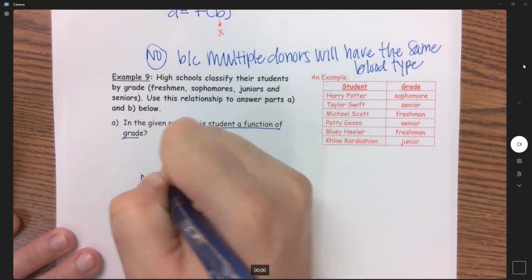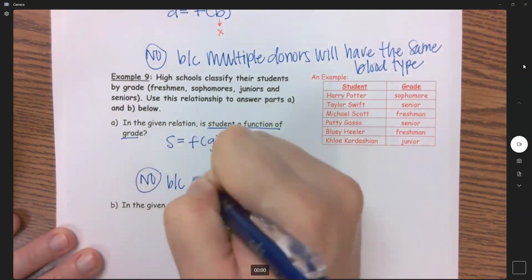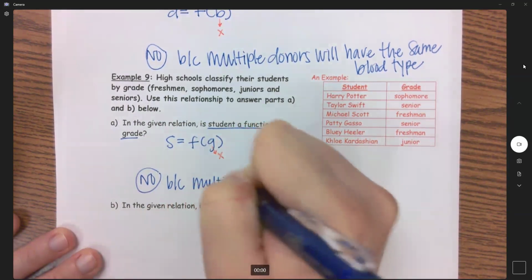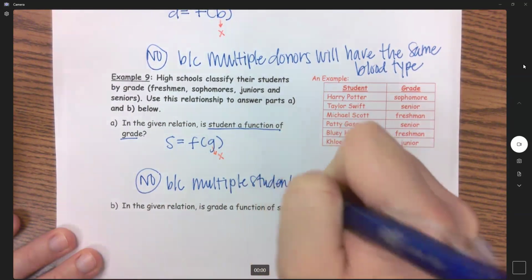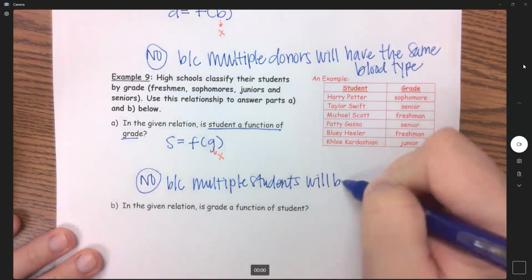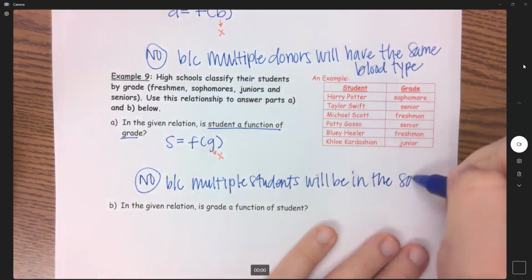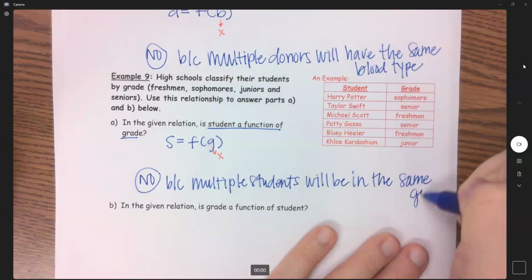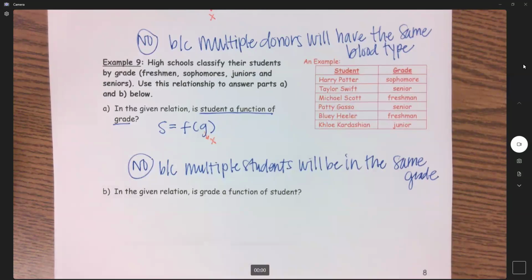So this is not a function. Why? Because multiple students will be in the same grade.